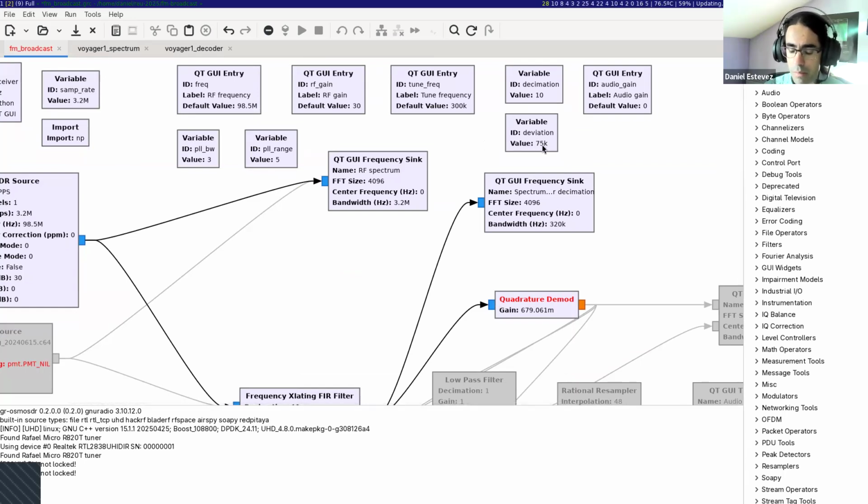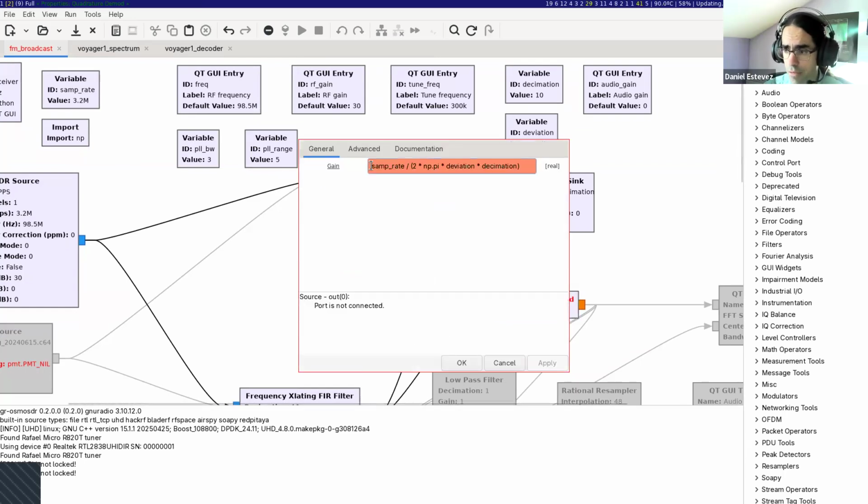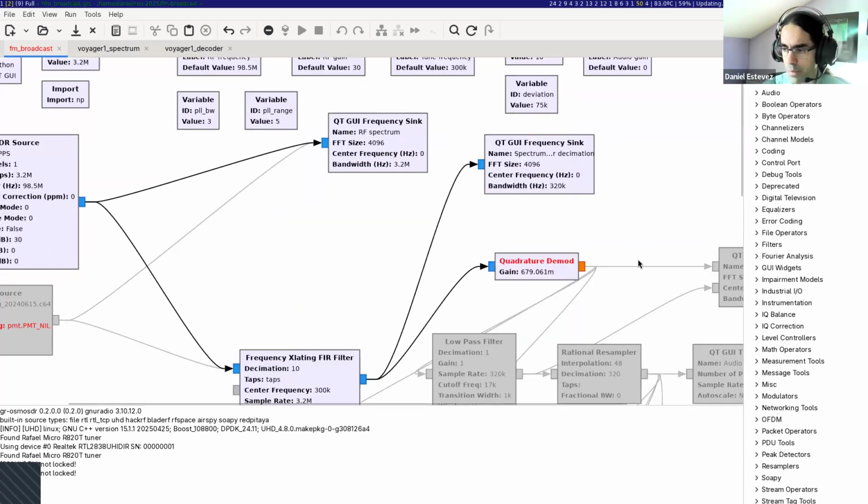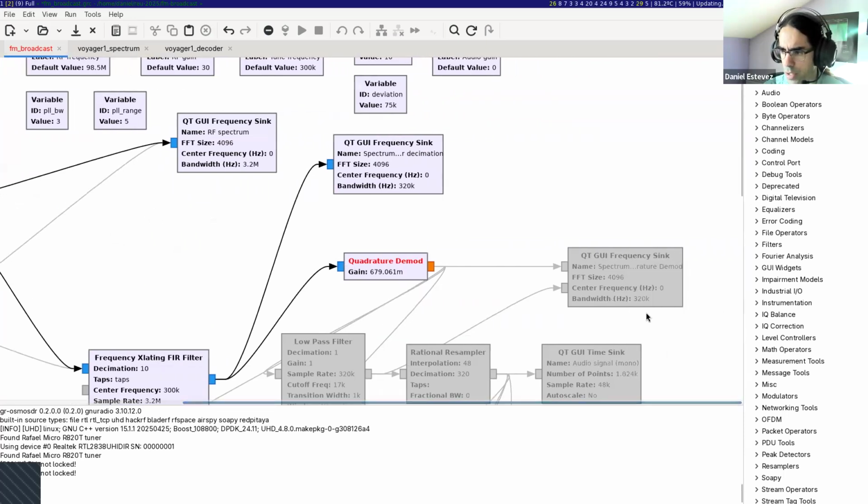That's what the 75 kilohertz deviation means. The only thing this gain does is scale a frequency shift of 75 kilohertz to give you plus 1. You could also put 1 here and you would get audio which is not scaled between plus 1 and minus 1. It doesn't matter so much.